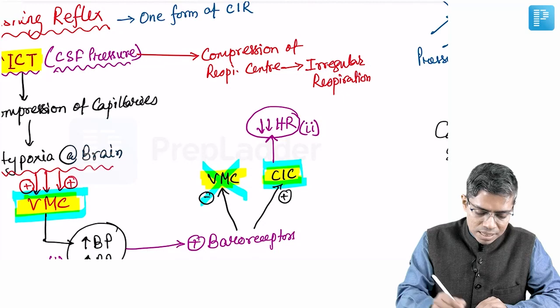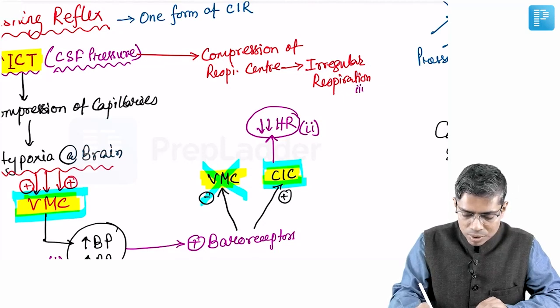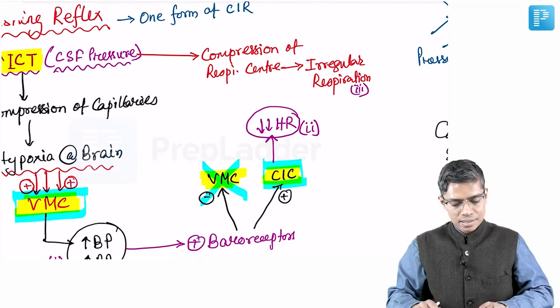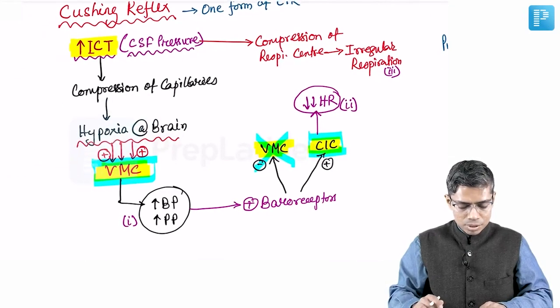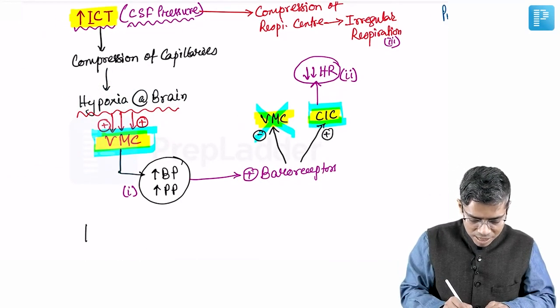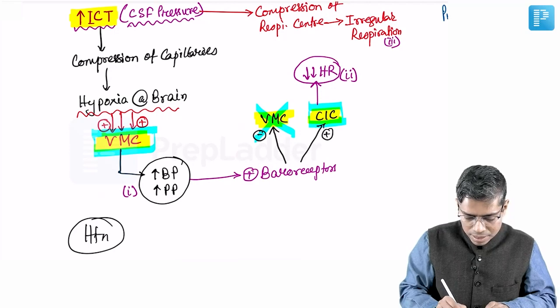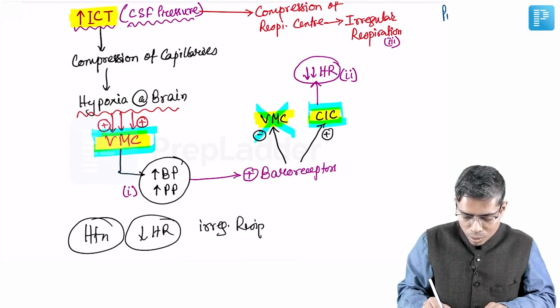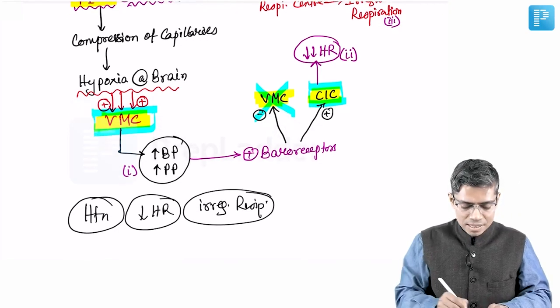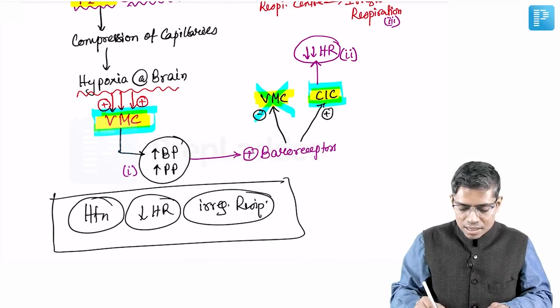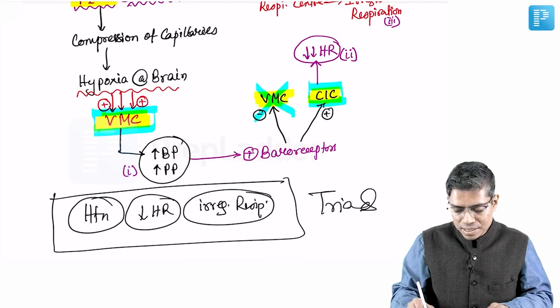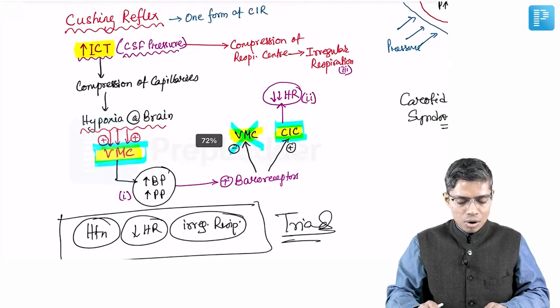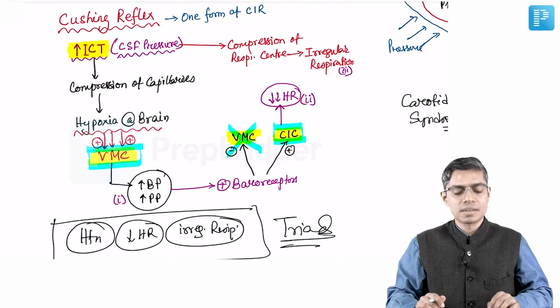So this is the third feature of this Cushing reflex. Okay, so what we understood? We understood that there will be hypertension, there will be bradycardia, that is reflex bradycardia, and there will be irregular respiration. Combination of these three features is known as the triad of Cushing reflex, right?